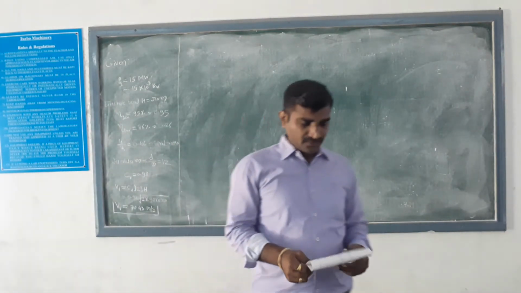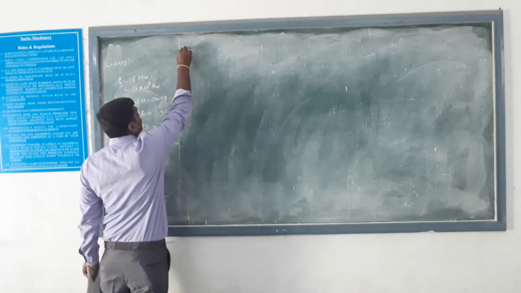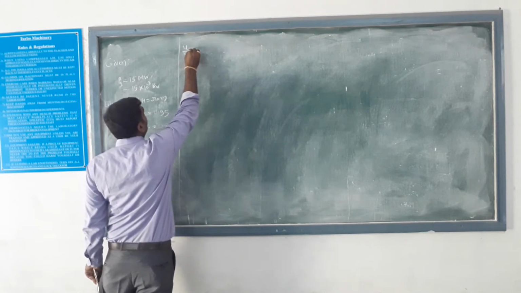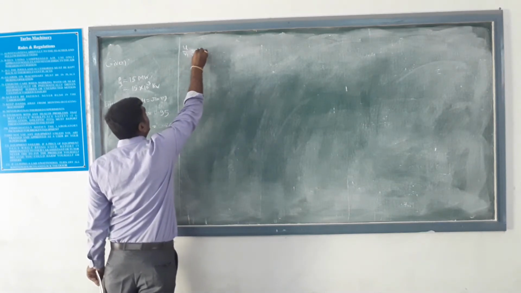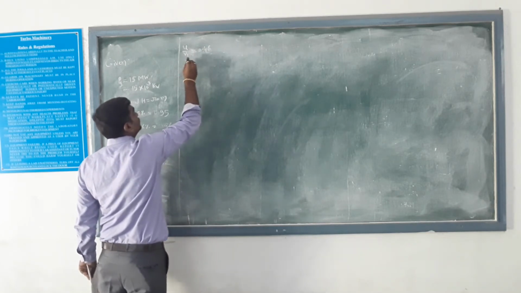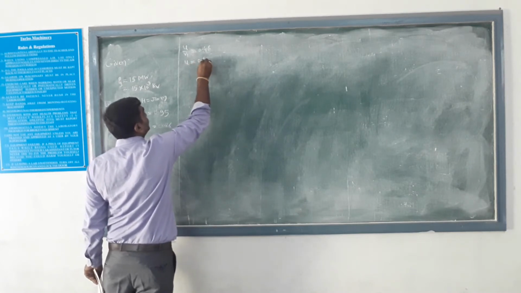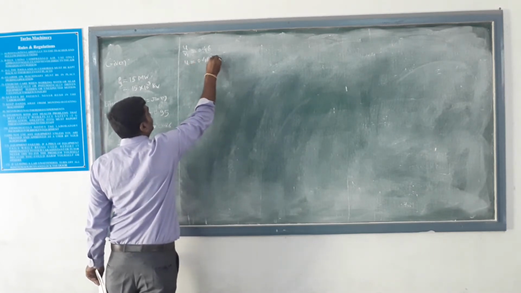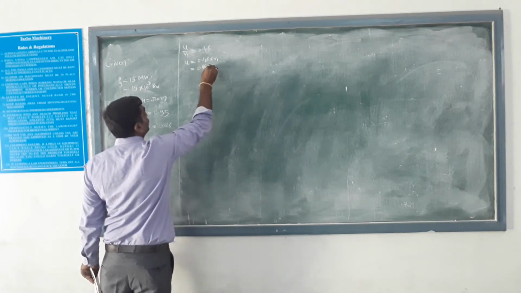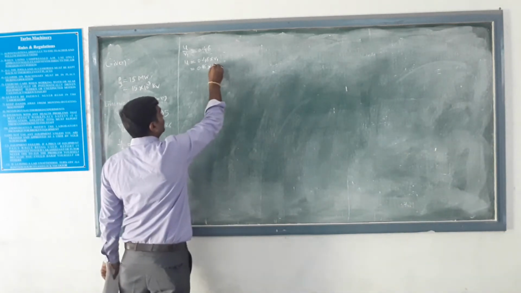Now we know the speed ratio, U upon V1 equal to 0.46. We know V1, so we find U equal to 0.46 into V1, equal to 0.46 into 76.43.